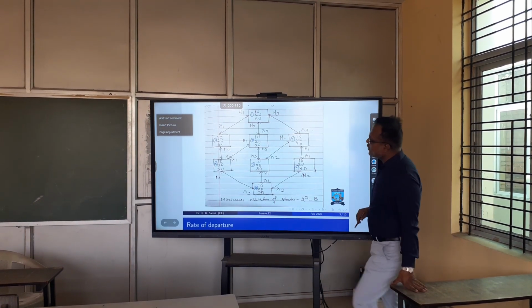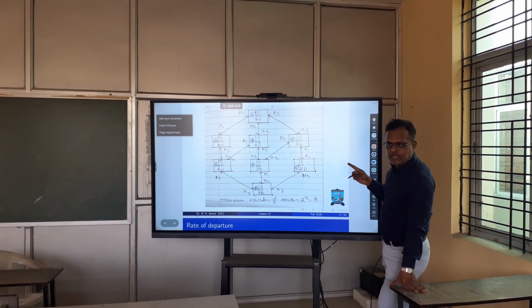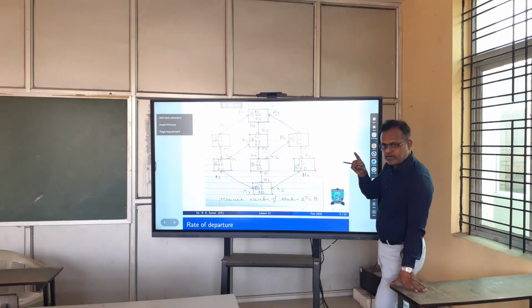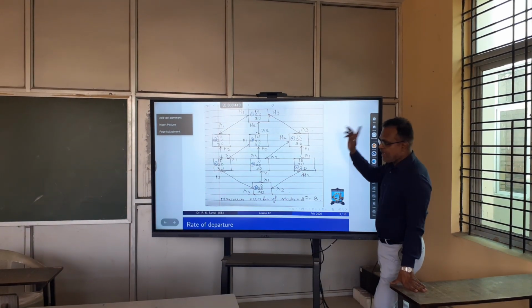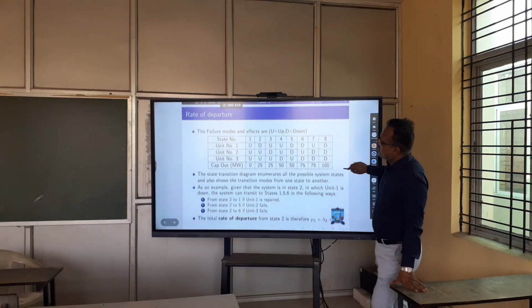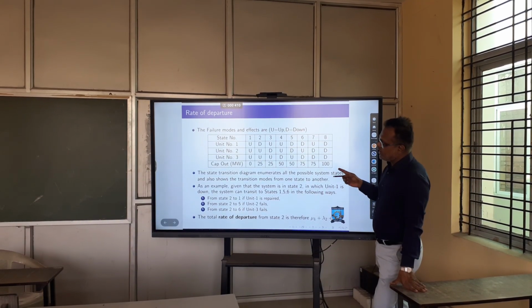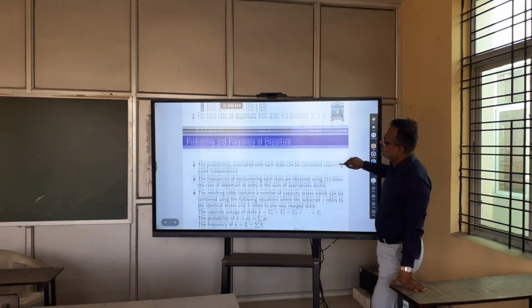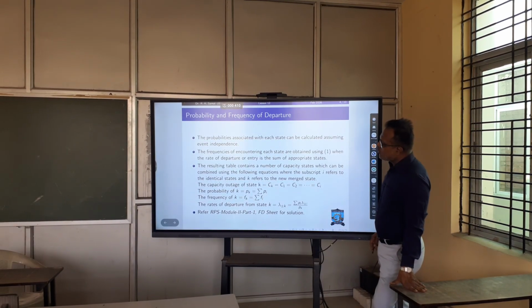Okay. So we started from an 8-state model because there are 3 generators and each generator has 2 states, up and down. So we have 2 to the power 3, 8 states, and we can have single state transitions. Then we saw the departure rate, the rate of departure from one state to whatever number of states it can go. It can go to a maximum of 3 because there are 3 generators and we are considering only single state transitions. And how to find the frequency of departure?